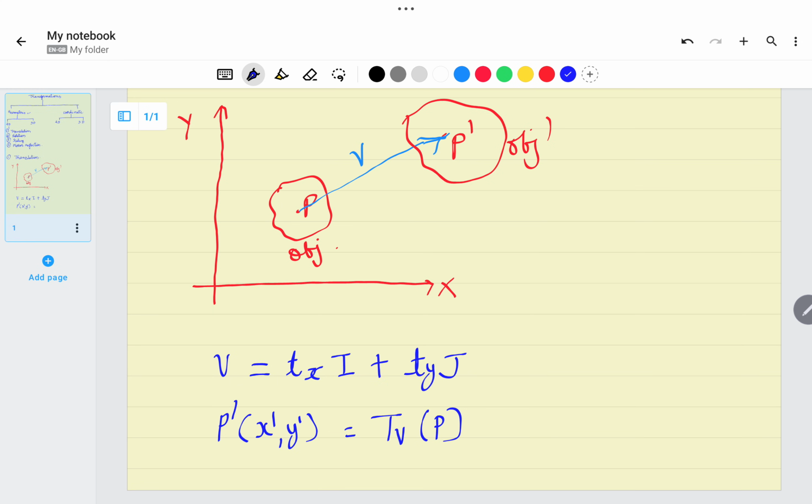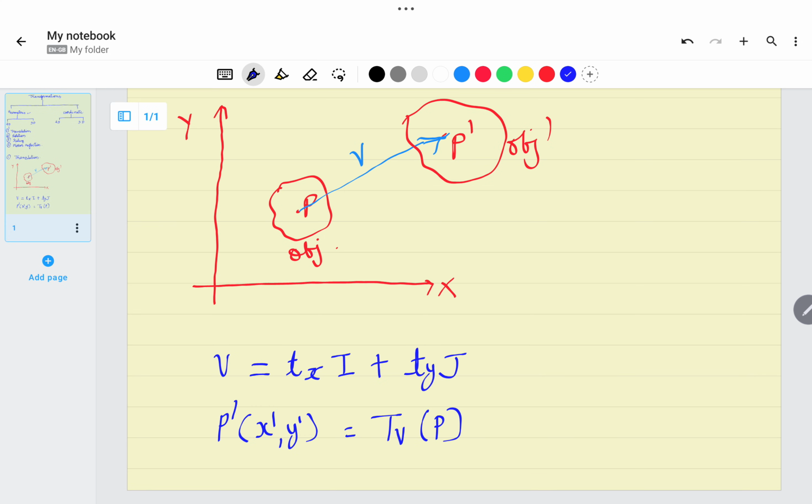So we apply the transformation Tv, the symbol for translation, to point P, and we get the new point P dash.